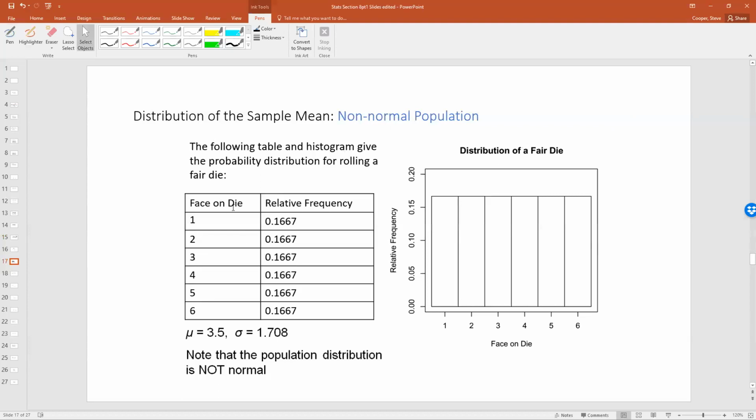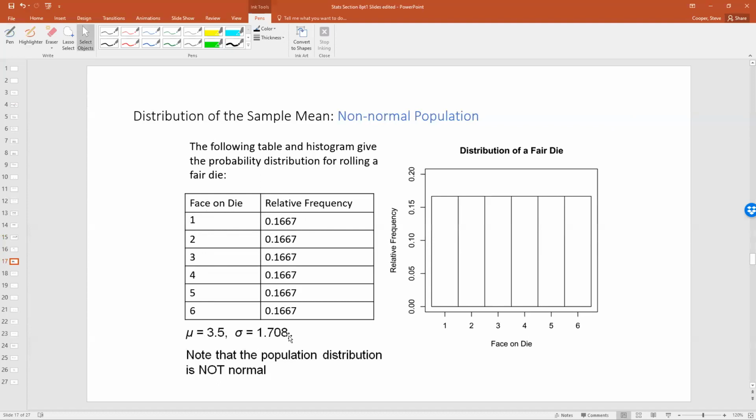Think about if you roll a fair dice, there's 6 sides and they all have equal chance of coming up. That makes it a uniform type of distribution for all 6 outcomes. So mu, if you calculate mu, we would get 3.5, which is not even a possible outcome on rolling a dice, but that's the average.